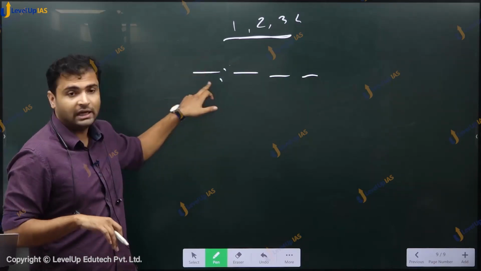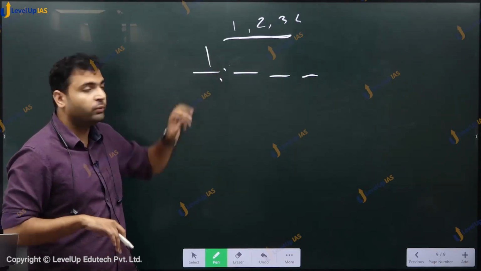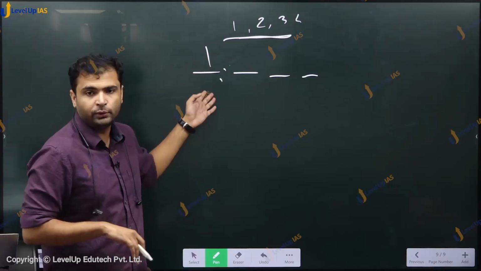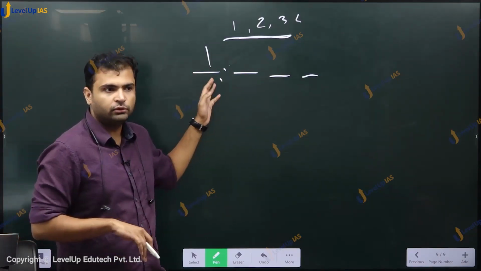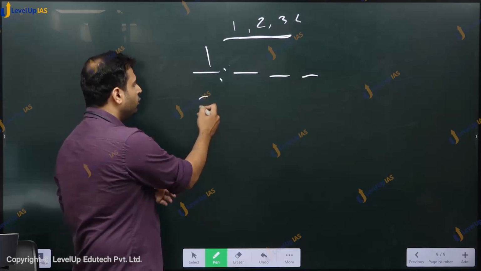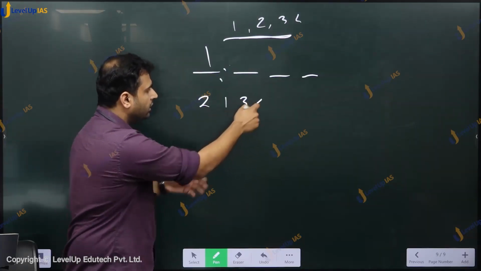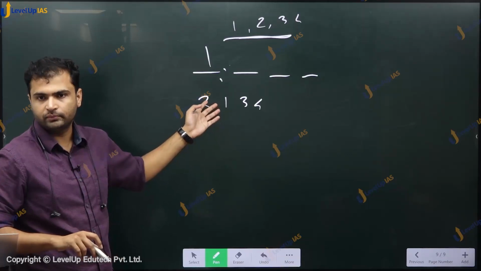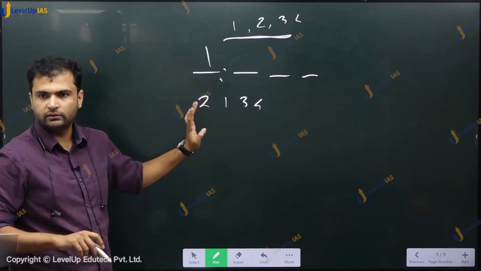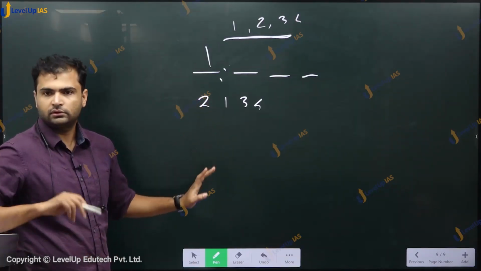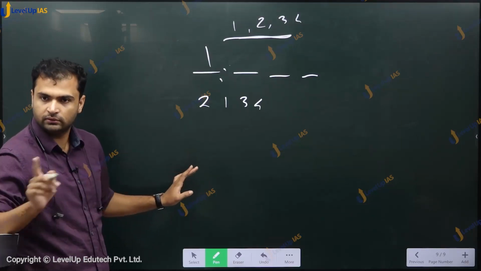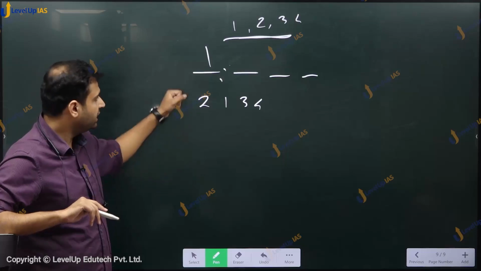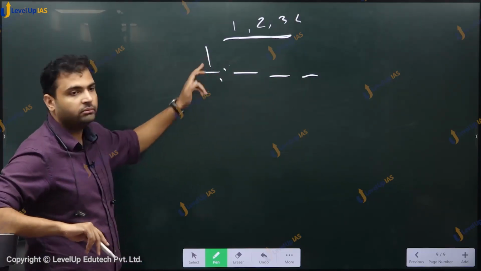This particular digit, the thousands place, it has to be 1, because if you have 2, 3, 4 here, ये पूरा नंबर 2000 से बड़ा हो जाएगा ना। अगर यहाँ पे 2 डालो और फिर आगे 134 या 413 कुछ भी ऑर्डर में डालो, this number would be bigger than 2000, right? पक्का समझ रहे हो? समझ रहे हो? That is why only 1 can come at the 1000 place.